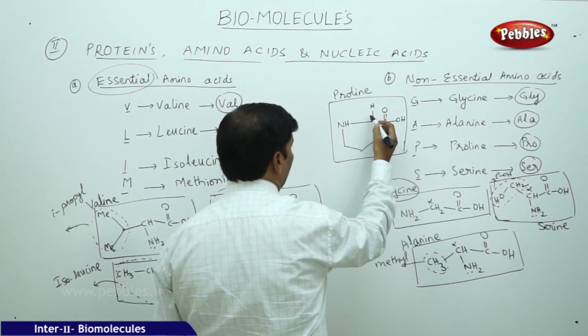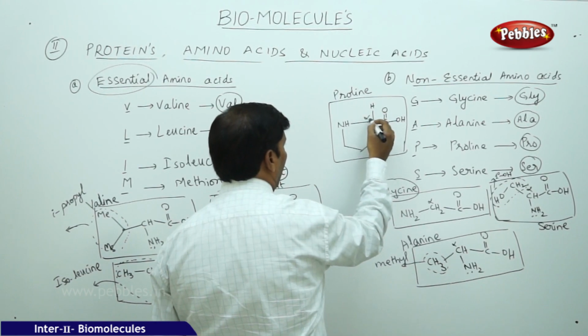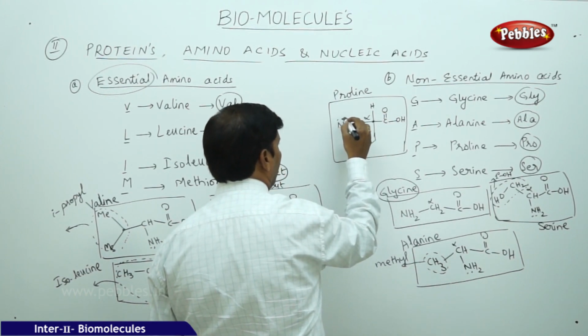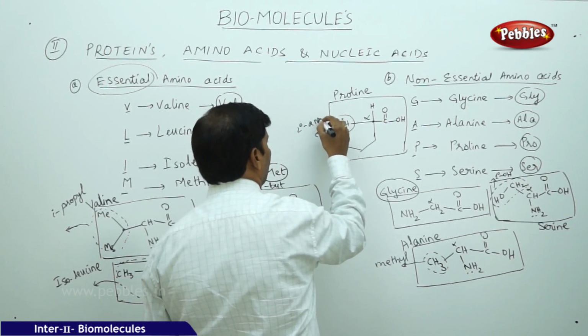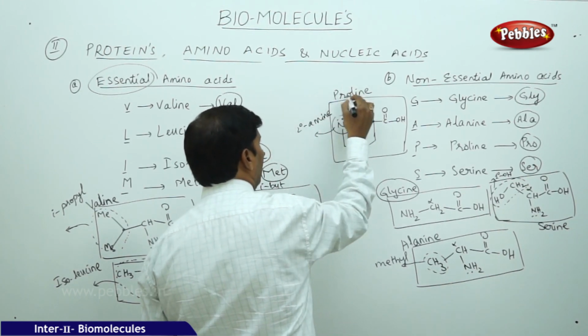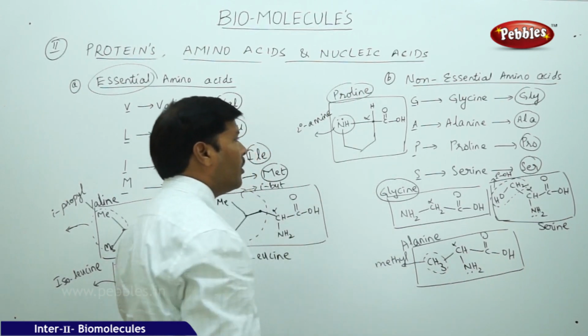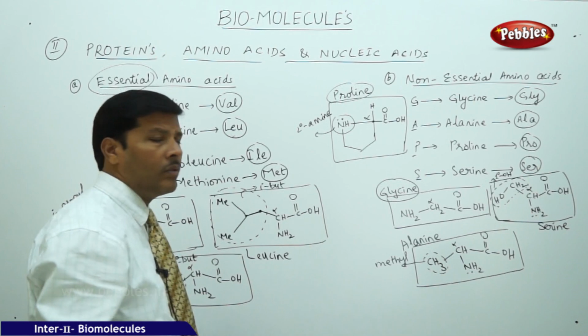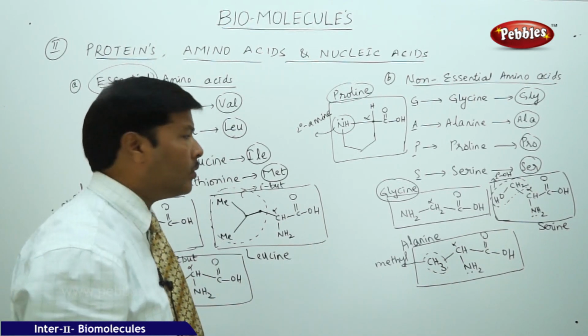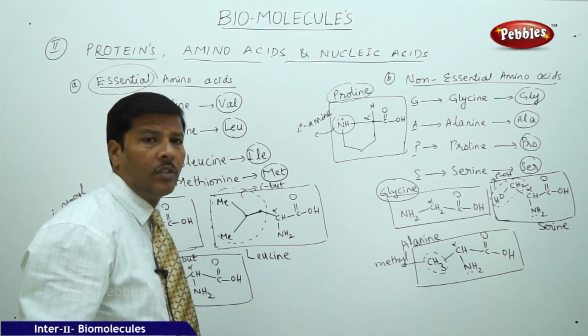At the alpha carbon, a secondary amine is substituted. This is an exceptional amino acid, the only amino acid which contains a secondary amine apart from the primary amine.